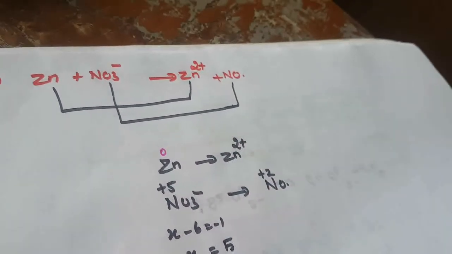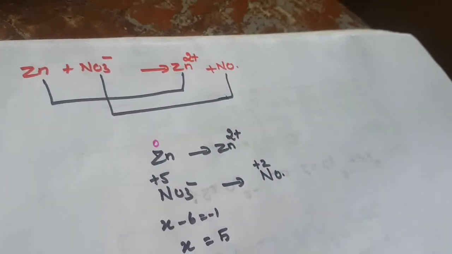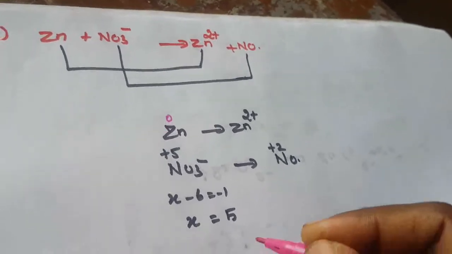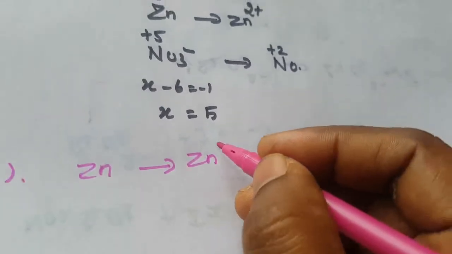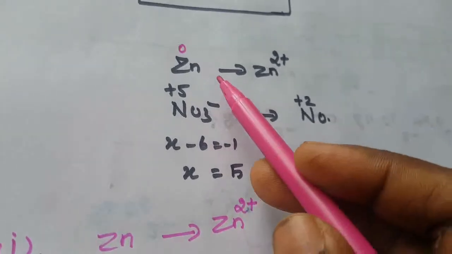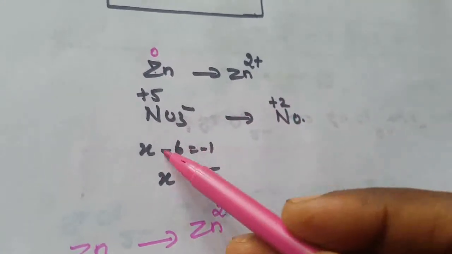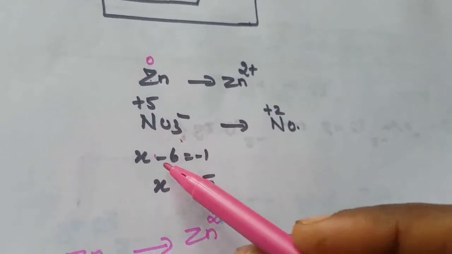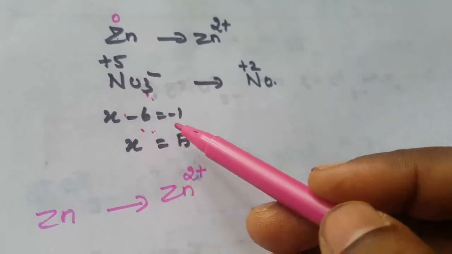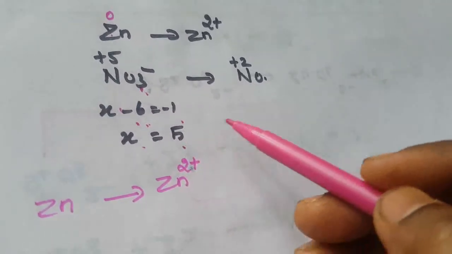So first equation, Zn is oxidised to Zn 2+. Here Zn is 0, here Zn 2+. NO3-, charge x minus 6, oxygen is -2, 3 atoms, x minus 6 equal to -1, x equal to +5.